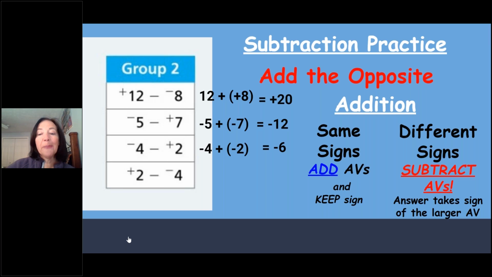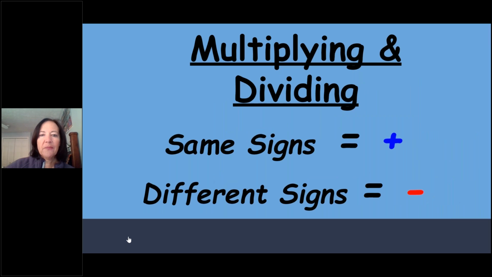Help me rewrite positive 2 minus a negative 4. Positive 2 plus positive 4. What's that equal? Positive 6. Perfect.